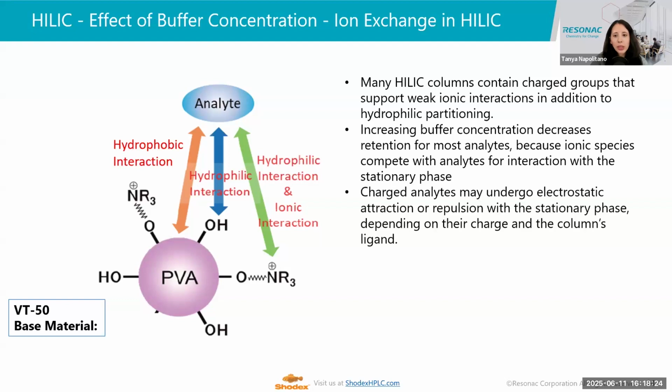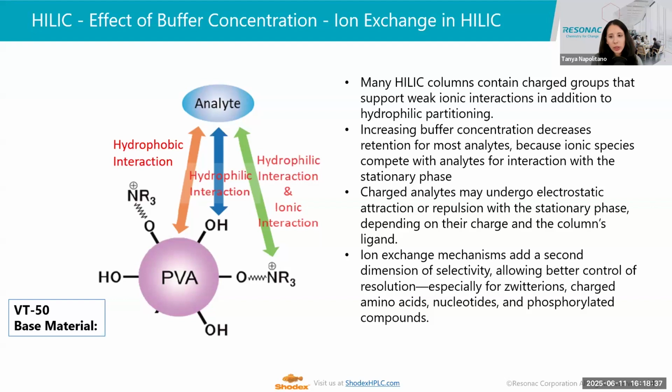You'll also get more retention when the analyte and stationary phase are oppositely charged, so understanding the charge state of both components is essential when tuning your method. And this dual mode retention, partitioning and ion exchange, adds another layer of selectivity in HILIC, especially useful when working with compounds like amino acids, phosphorylated metabolites, and nucleotides.